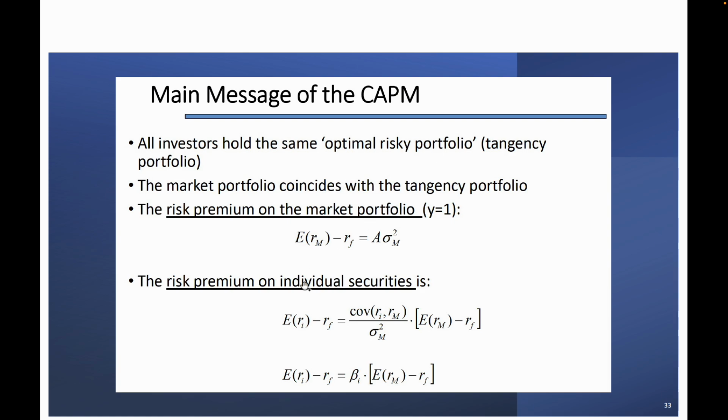Okay, so the next insight is that the risk premium of the market portfolio is equal to A times sigma square M. So it says that the risk premium of the market equals risk aversion, basically the average risk aversion of all of us, since we make up the market, times the variance of the market return.